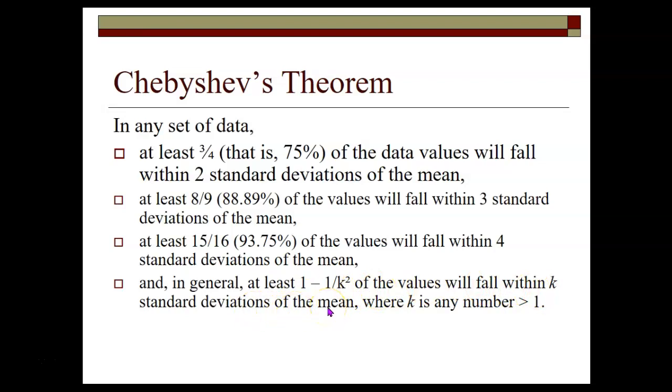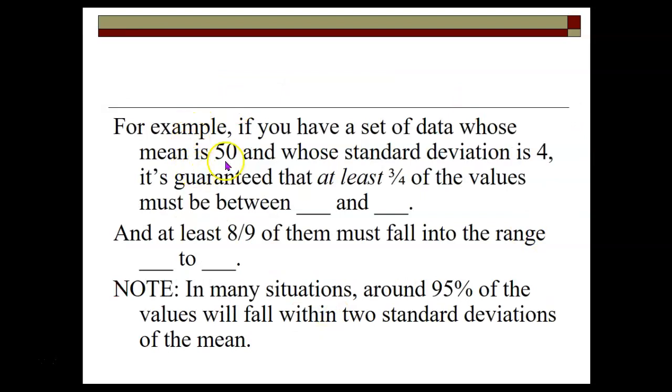So for example, if you have a set of data whose mean is 50 and whose standard deviation is 4, well, that would mean that 2 standard deviations would be 8. 2 times 4 is 8. So being within 2 standard deviations of the mean means being within 8 points of 50.